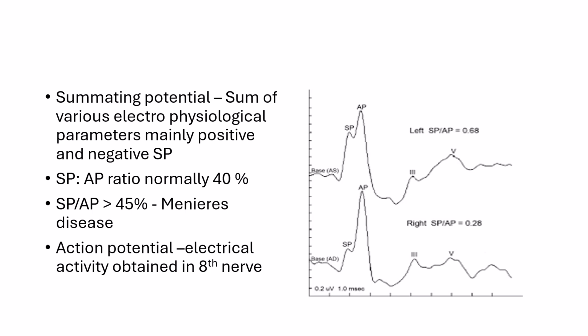Extratympanic is safer but less sensitive. It is used in surgical monitoring and diagnosing auditory neuropathies. The summating potential is a sum of various electrophysiological parameters, mainly positive and negative. And as we have already seen, if SP by AP is more than 45%, that indicates Meniere's disease.